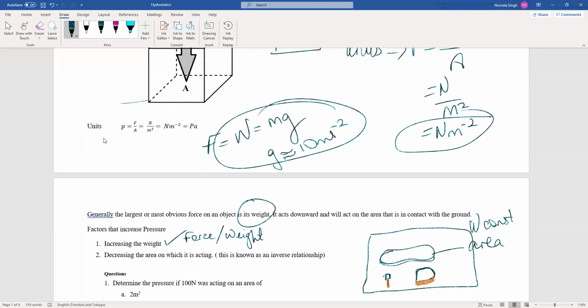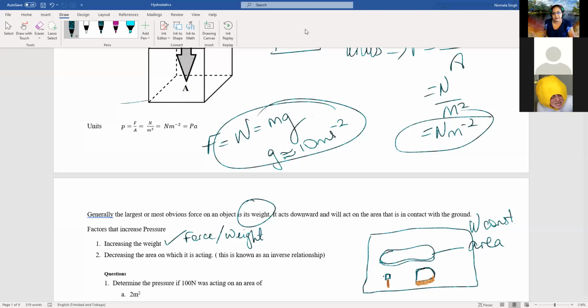Let's just use a little example right now. So what I want you all to do right now, get a sharp pen. Get the base of your pen. So we're using this.